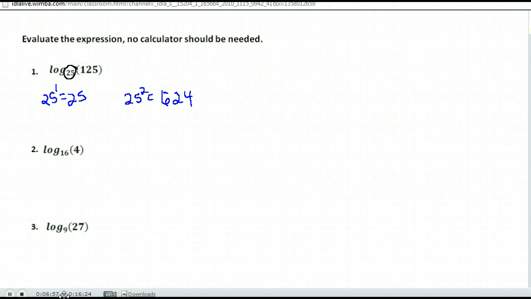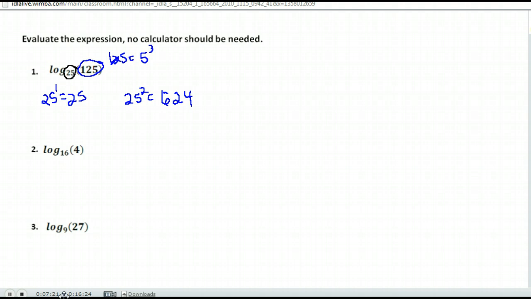So what I want to try to do is write 25 maybe as a different number and then go from there. Okay? So let's look at 125. Is it a power of any number? Well, we know that 125 is the same as 5 to the 3rd.